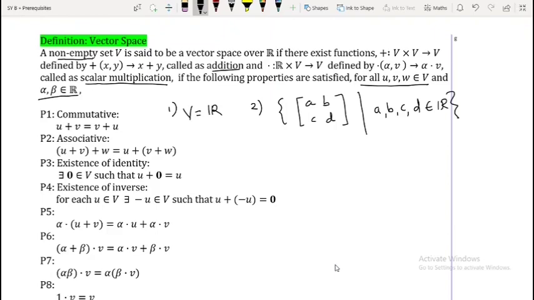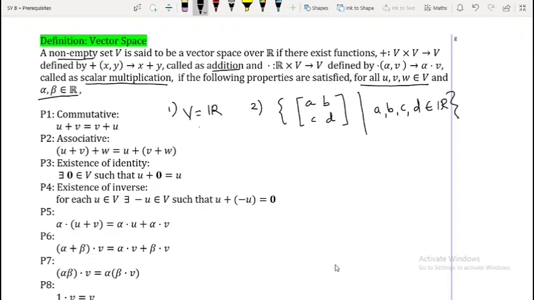Now let us go for the first property, that is P1. Just remember, u, v, w are elements of V and alpha, beta are elements of R. Our elements of V should satisfy this condition, that is u plus v should be equal to v plus u. What is the meaning of this?